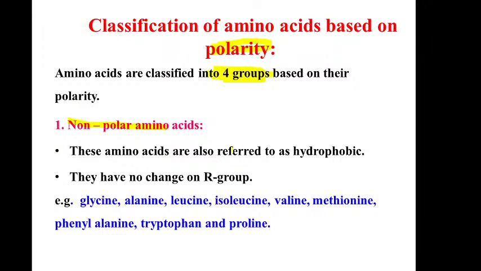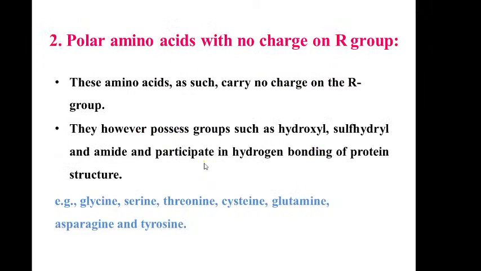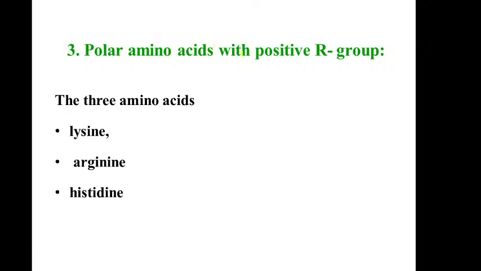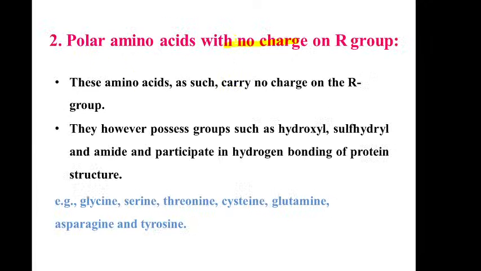These amino acids are also referred to as hydrophobic. Then we have polar amino acids with no charge. After it we have polar amino acids with positive R group. So here we have polar amino acids with no charge.